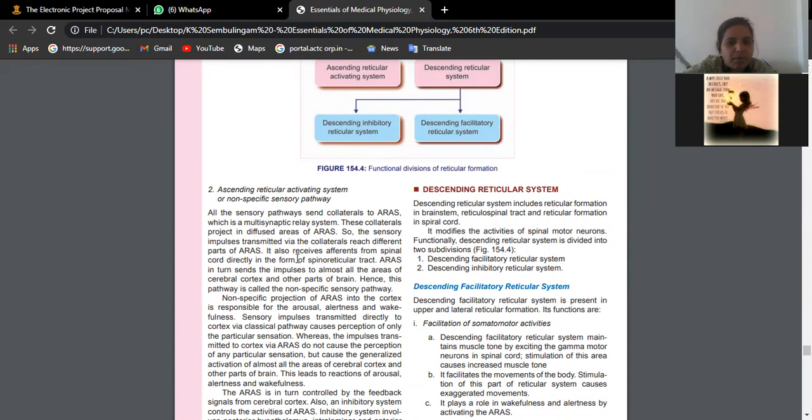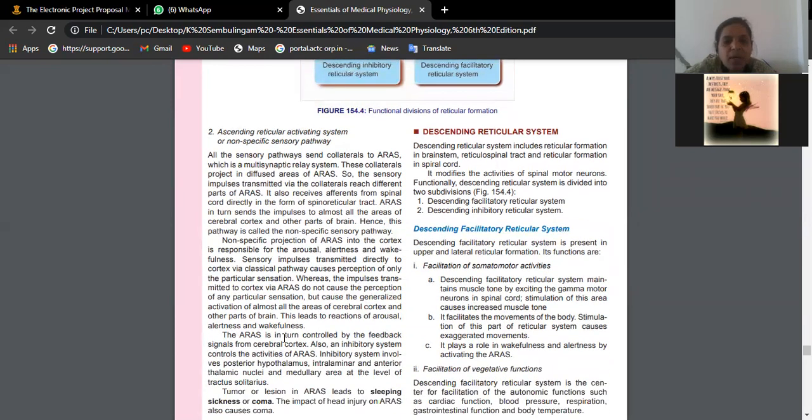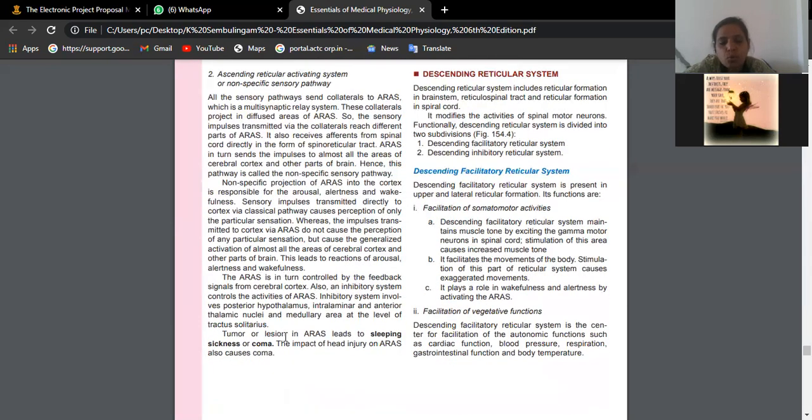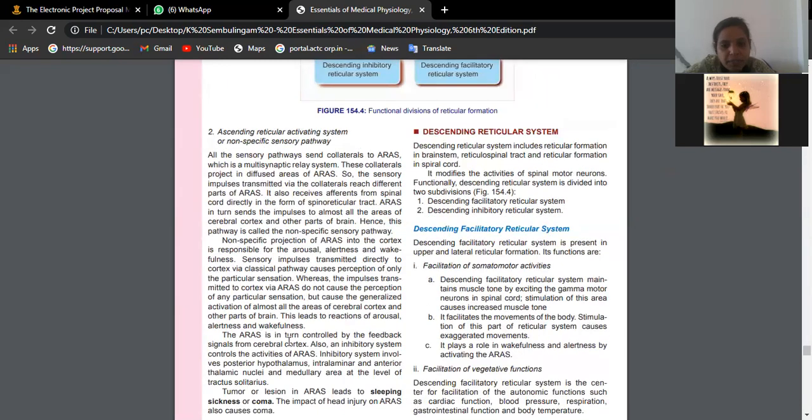In fact, they receive afferents from the spinal cord in the form of the spino-reticular tract. They also send impulses to almost all areas of the cerebral cortex. That means it has multiple connections with almost all parts of the brain. That's the reason it has so much activity concerned with alertness and activeness. It is controlled by feedback signals from the cerebral cortex.